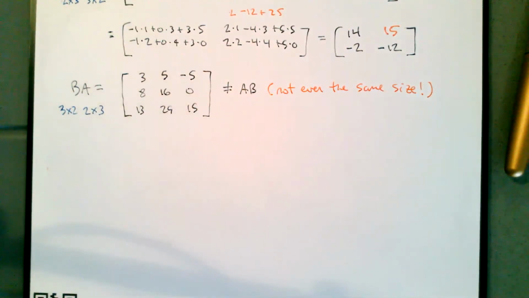Even if the product is going to be the same size, if I multiply, say, a 2 by 2 matrix by another 2 by 2 matrix, even if the sizes work out to be the same in both directions, it does not mean that the two products will be equal to each other.